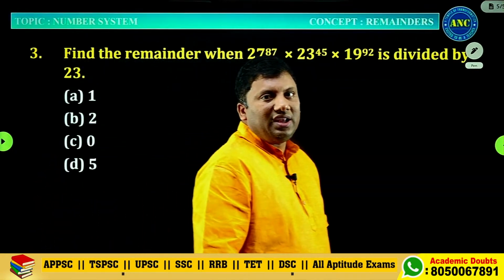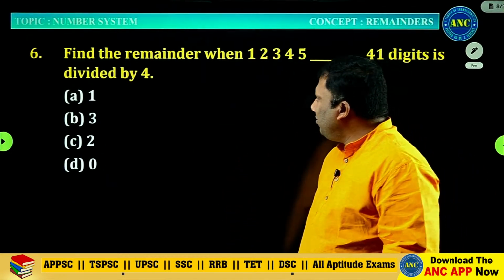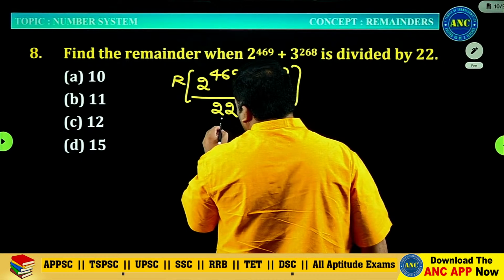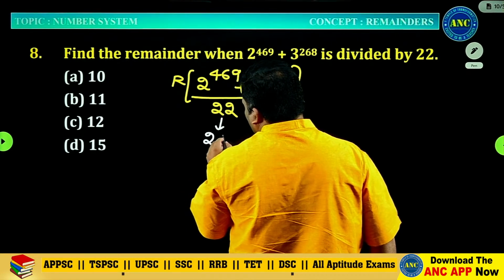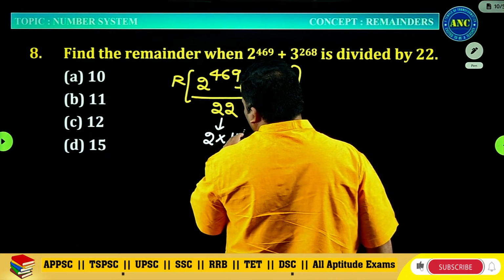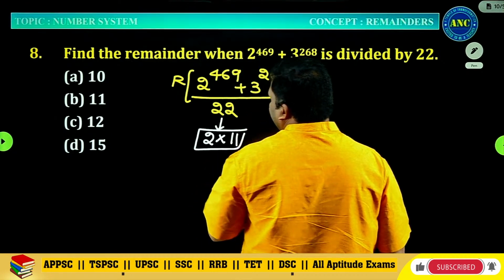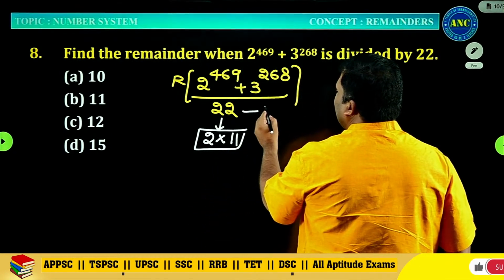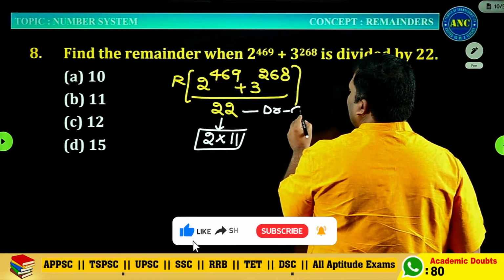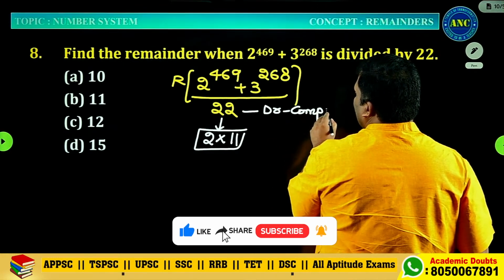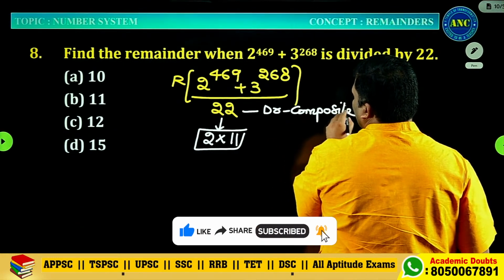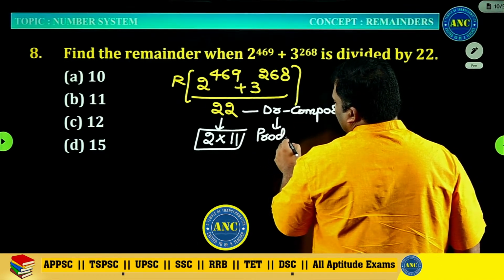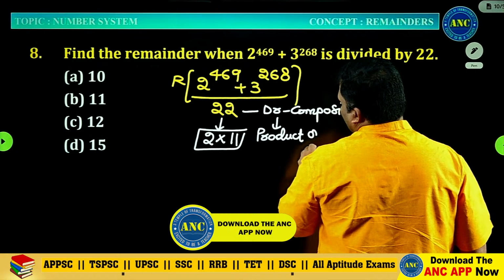By using the Chinese remainder theorem, you can eliminate a lot of incorrect answer options. 22 can be written as a product of 2 coprimes, 2 into 11. If the denominator is a composite number, write this number as a product of coprimes.